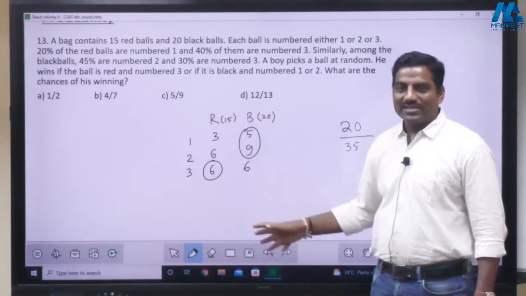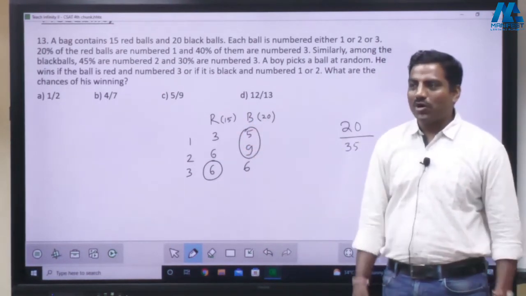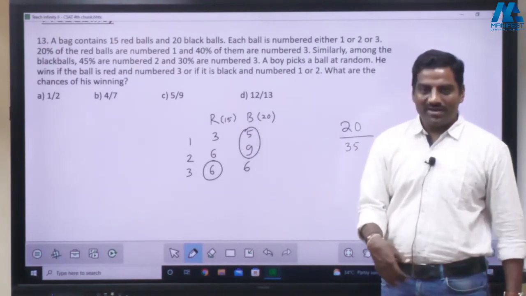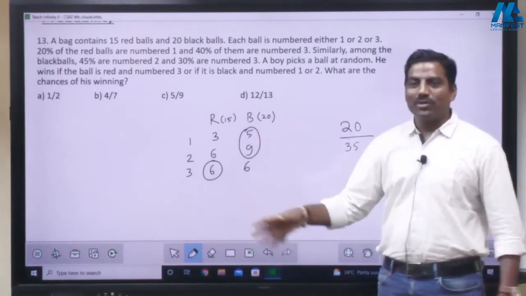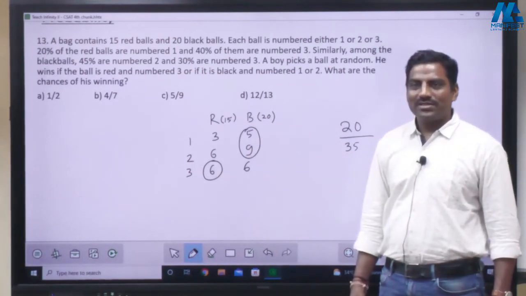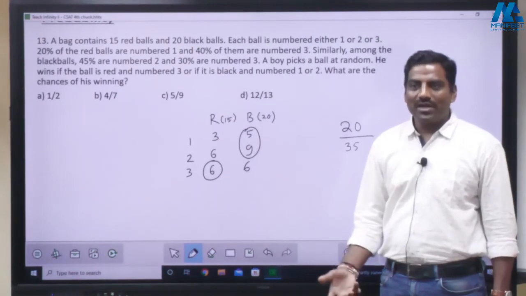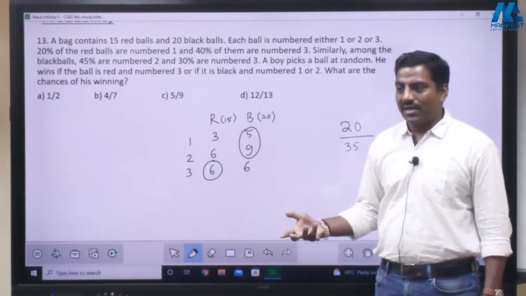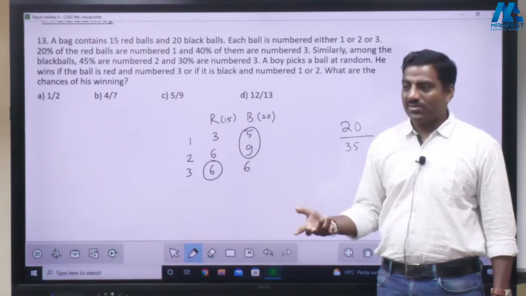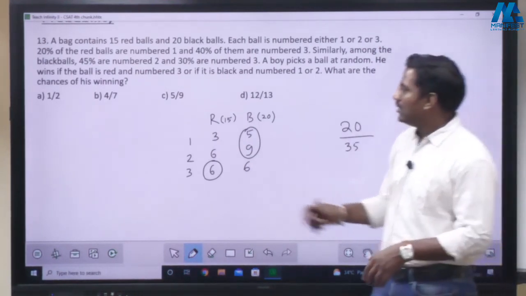You prepared all these things. You have these many props with you, and you put them in a box. You call a player and give this condition to him: if you pick any of these balls, then you win. Simple, no? 35 balls are there, 20 such balls are there by picking up which he will win. So 20 out of 35, 4 by 7.